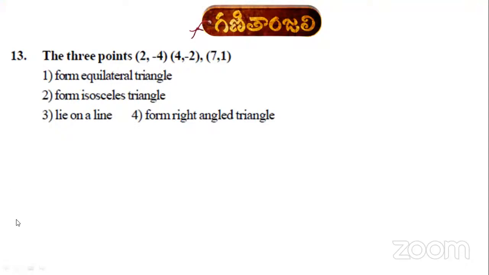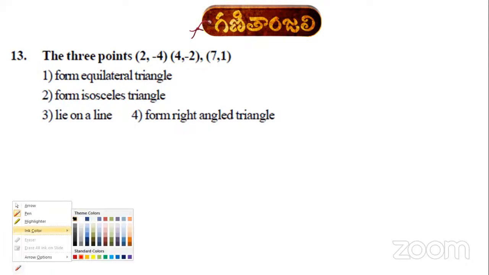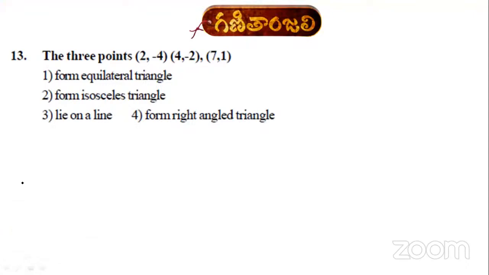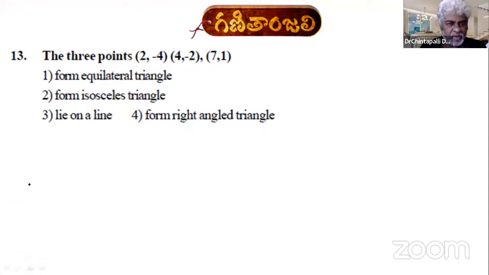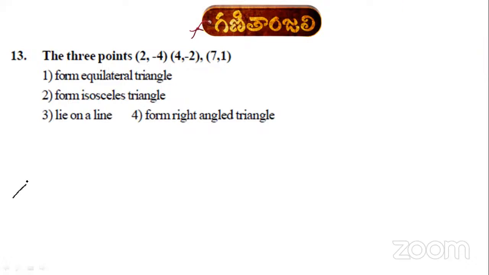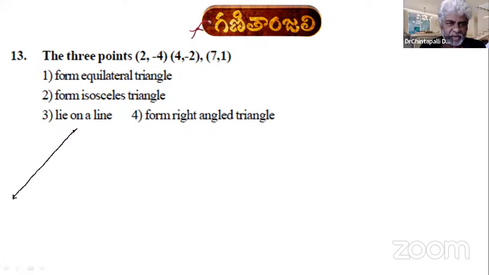Y2 minus Y1 over X2 minus X1. Tan theta, and then Y2 minus Y1 over X2 minus X1 are equal. You have 3 formulae. And in the standard form Y equals mx plus b, the m is the slope. Very good.